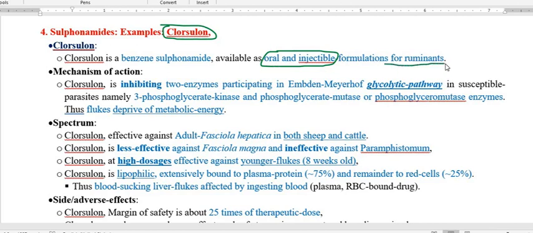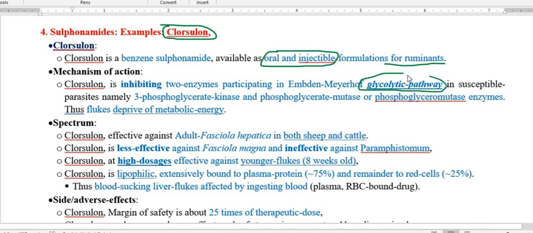Regarding mechanism of action, as we also mentioned about the mechanism of action of most of the anthelmintics, they are mainly targeting the energy system of the susceptible worm. Likewise, clorsulon is mainly concerned with the glycolytic pathway; it hinders the glycolytic pathway.